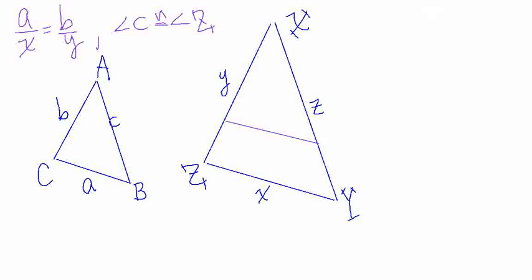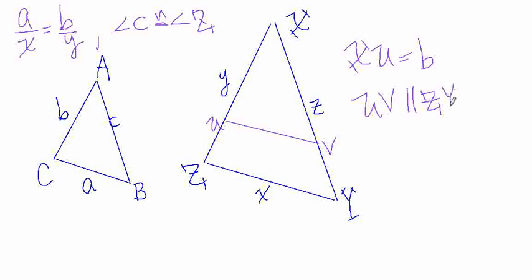Let's call the points of intersection U and V. And you would choose U and V so that XU was equal to B, and so that UV was parallel to ZY. Now, you can show that the little triangle inside the big one is similar to the big triangle.